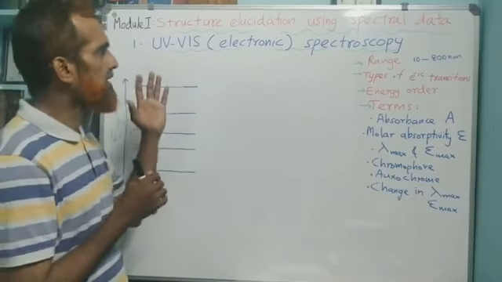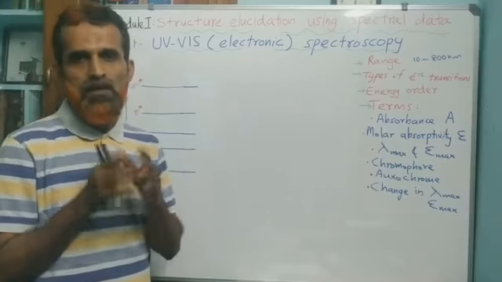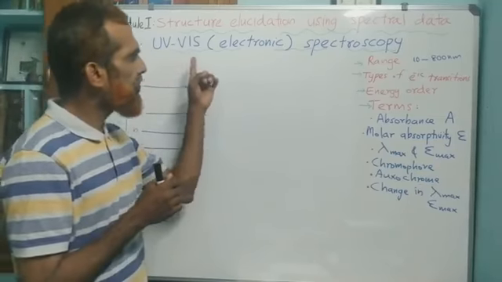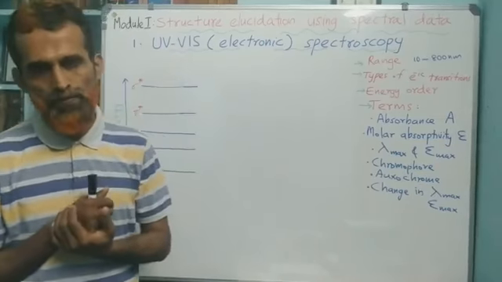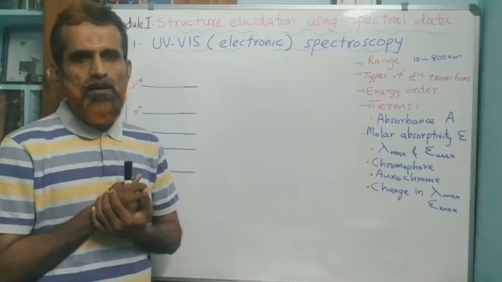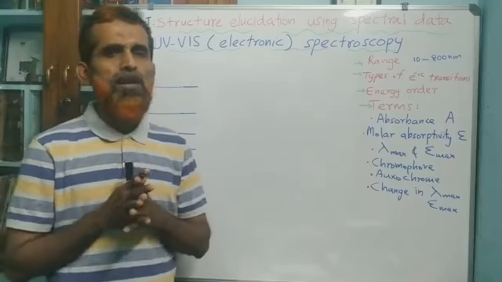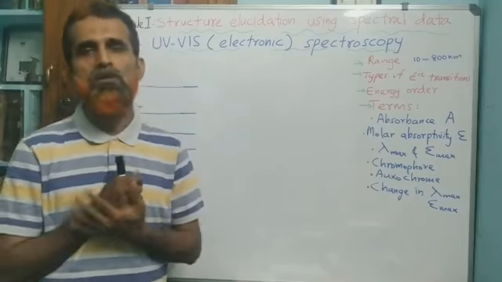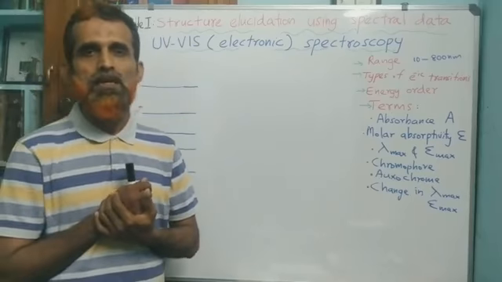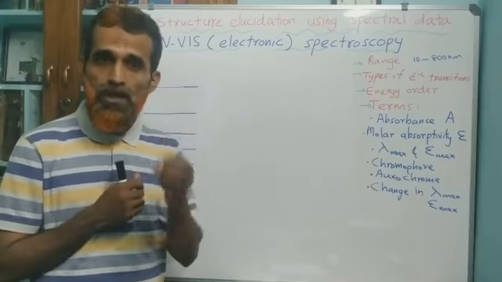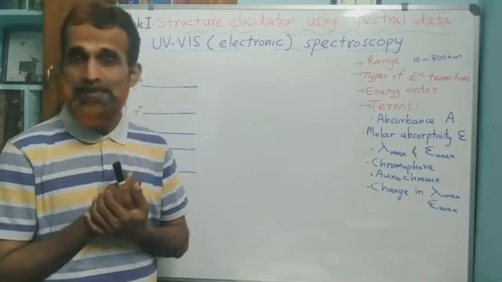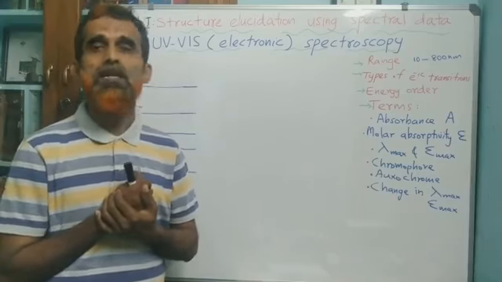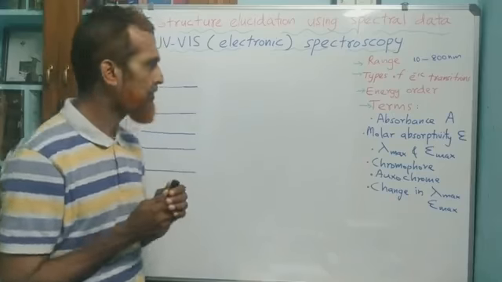In this class we discuss the introduction of UV visible electronic spectroscopy. The most important application of any molecular spectroscopic technique is to elucidate the structure of various organic molecules.